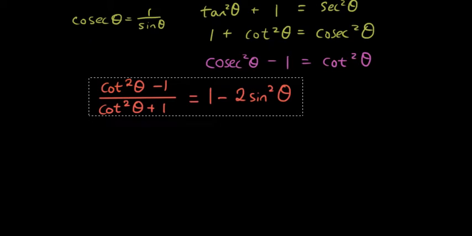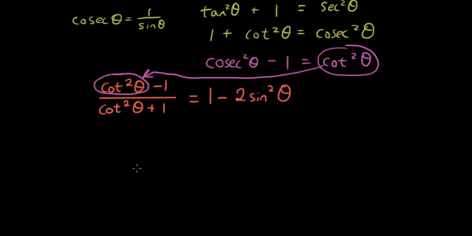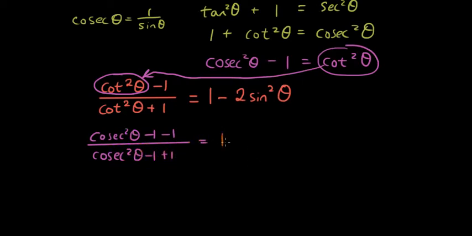Alright, so now I can substitute this expression where cot squared theta is, so it becomes cosec squared theta minus 1 over cosec squared theta minus 1 plus 1 equals 1 minus 2 sine squared theta.